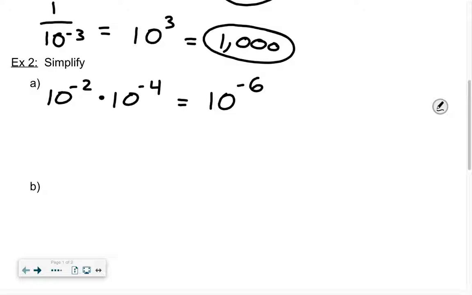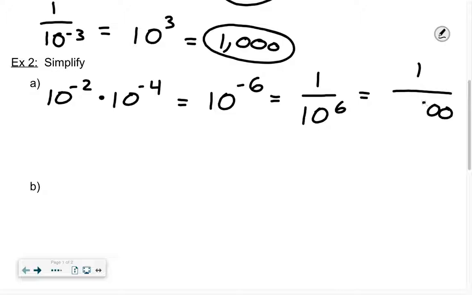So it's now at this step, we want to move it down below. Ten to the sixth indicates that we have 6 zeros, therefore 1 over 1 million. Okay with that idea? Okay.